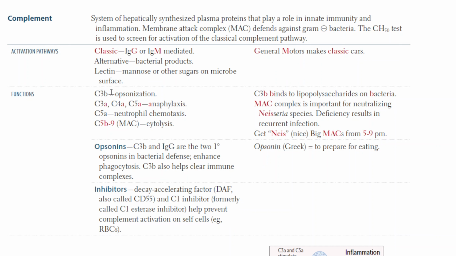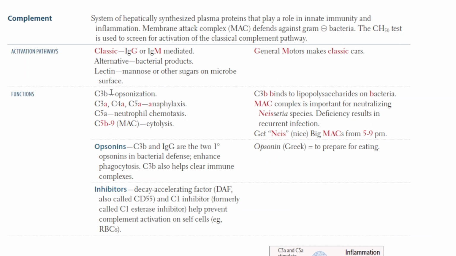So C5a produces neutrophil chemotaxis. Neutrophil chemotaxis is C5a. Remember, C5a is in anaphylaxis too.